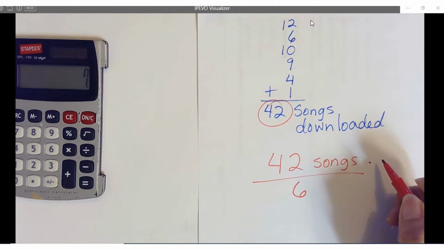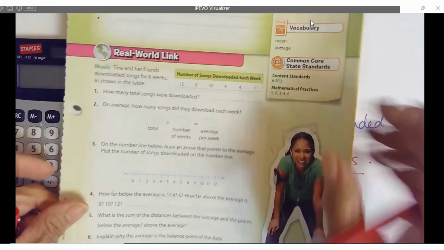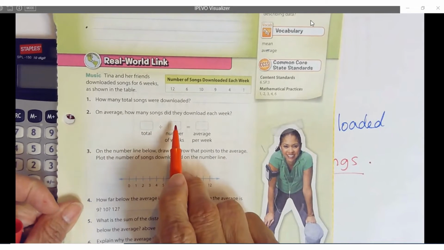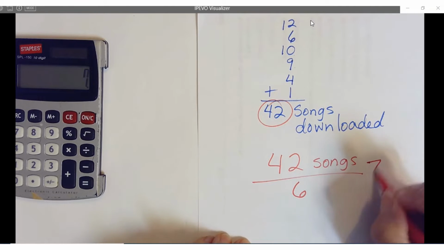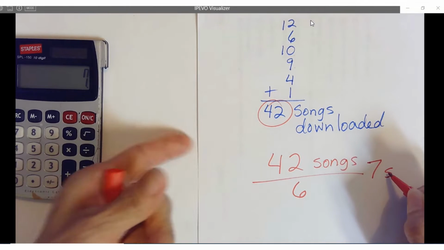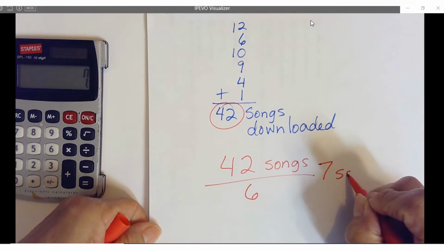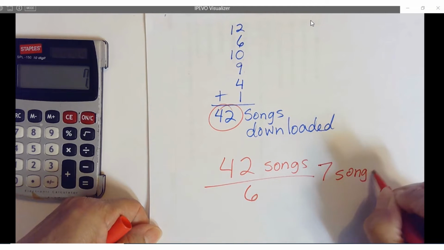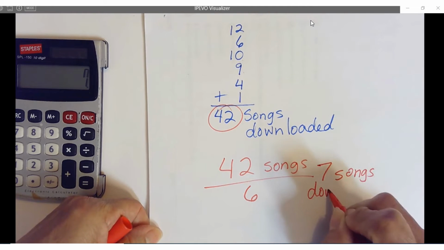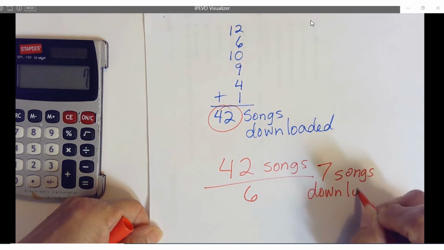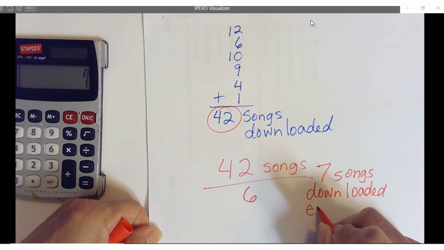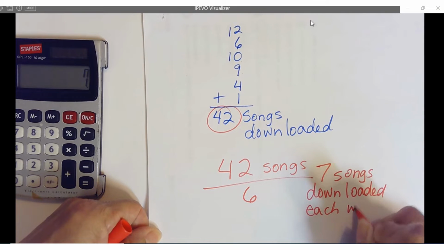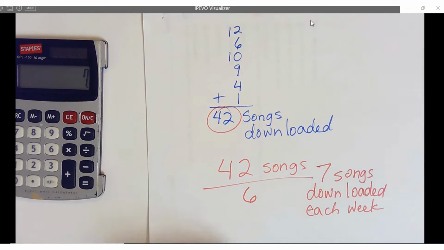So, on average, how many songs did they download each week? On average, they downloaded 7 songs each week. And it's that simple.